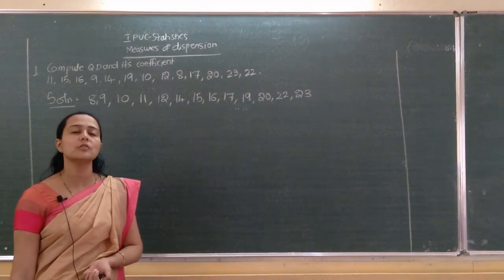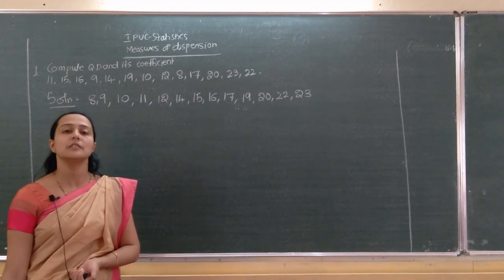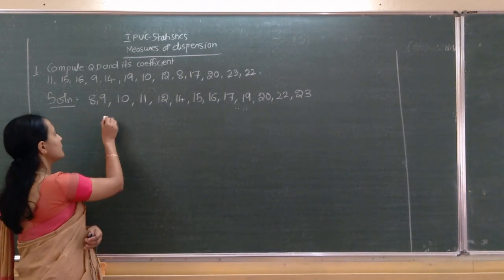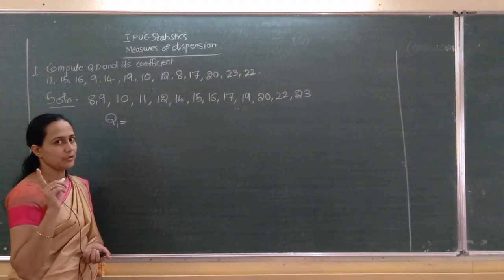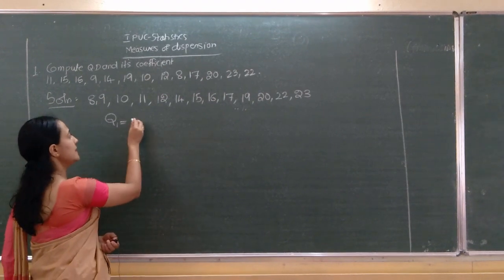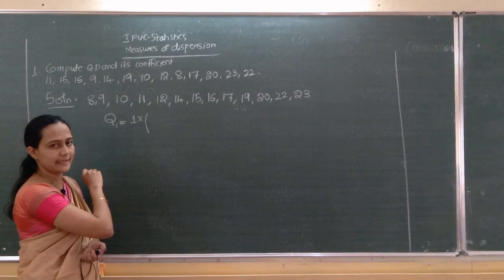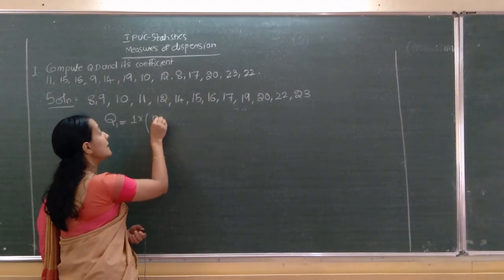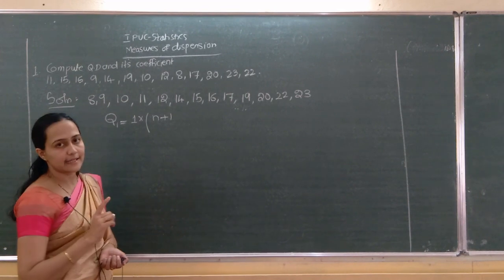Next, what do we have to do? First we have to find Q1, next we have to find Q3. What is the formula of Q1? For ungrouped data, Q1 is 1 into small n plus 1, divided by 4. Remember, here it is small n since this is ungrouped data.